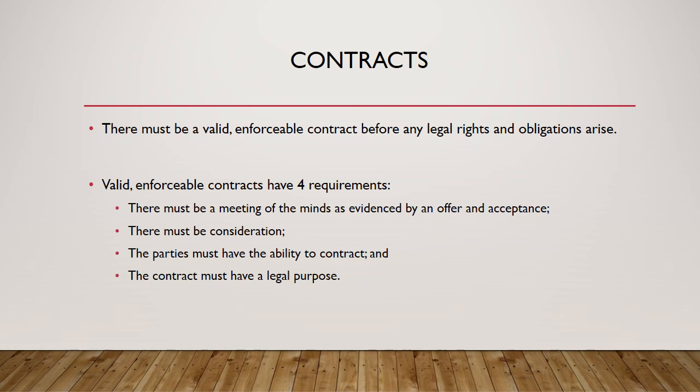So, under this notion, you have to have a valid enforceable contract, and that's a good starting point for us to discuss. And we're going to spend a good chunk of the material tonight talking about the four requirements that are required for a valid enforceable contract.